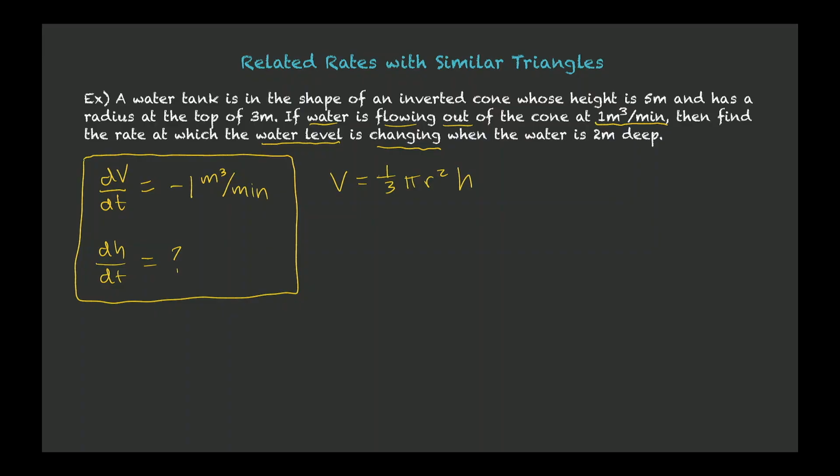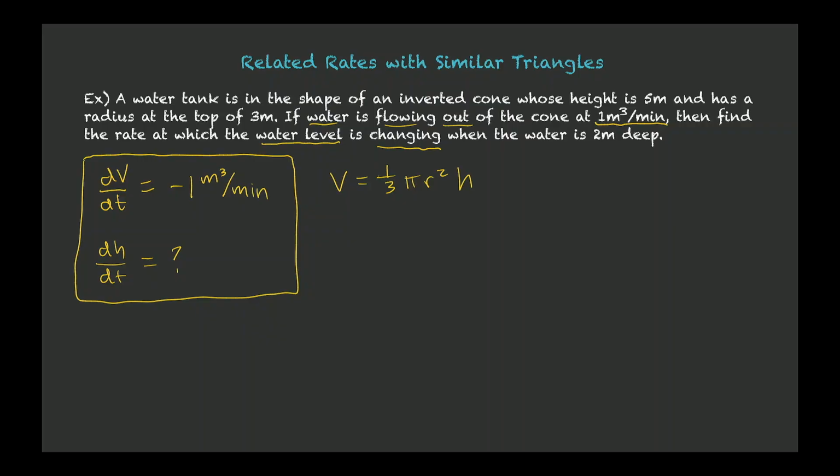All right, so this is an initial equation that we can use. However, there's volume which is changing, there's height which is changing, but there's also a radius in there. And the problem doesn't tell us how fast the radius is changing, nor does it ask how fast it's changing. So we really want to get rid of that radius in this equation.